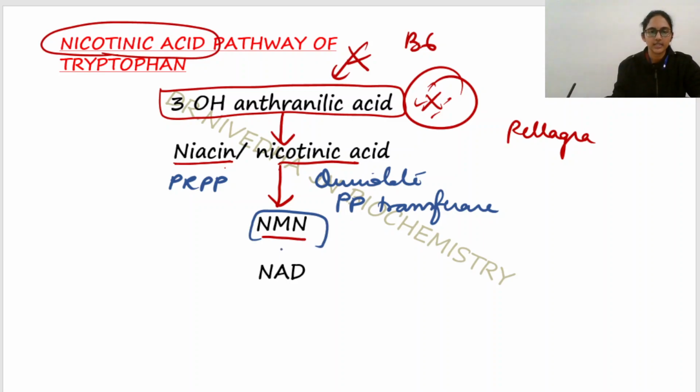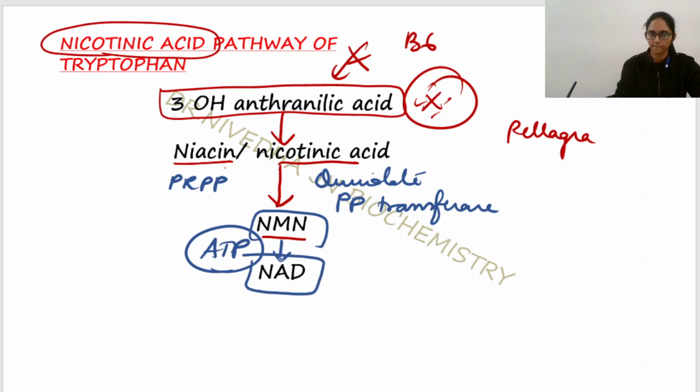Now this nicotinate mononucleotide, after an ATP reaction, gains adenosine and forms nicotinamide adenine dinucleotide. So these are the steps involved in the nicotinic acid pathway.